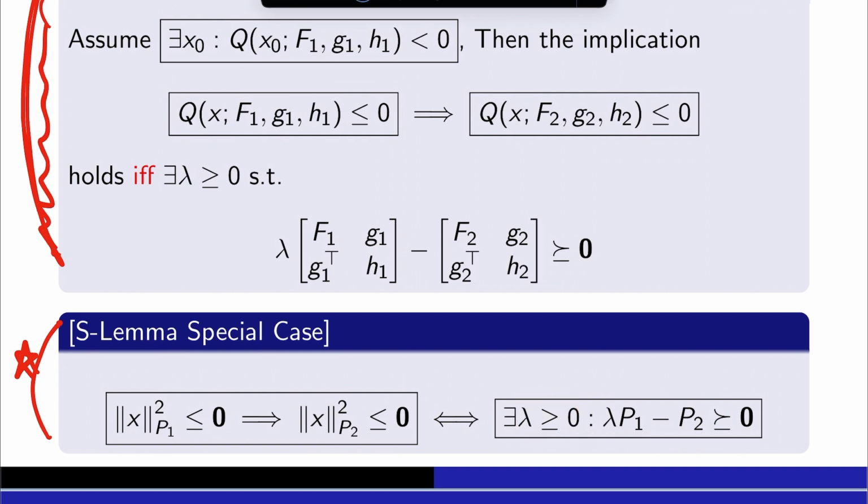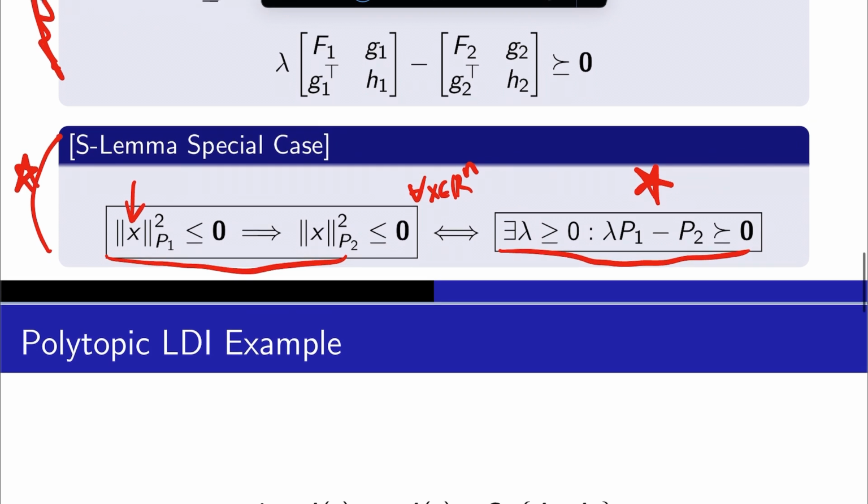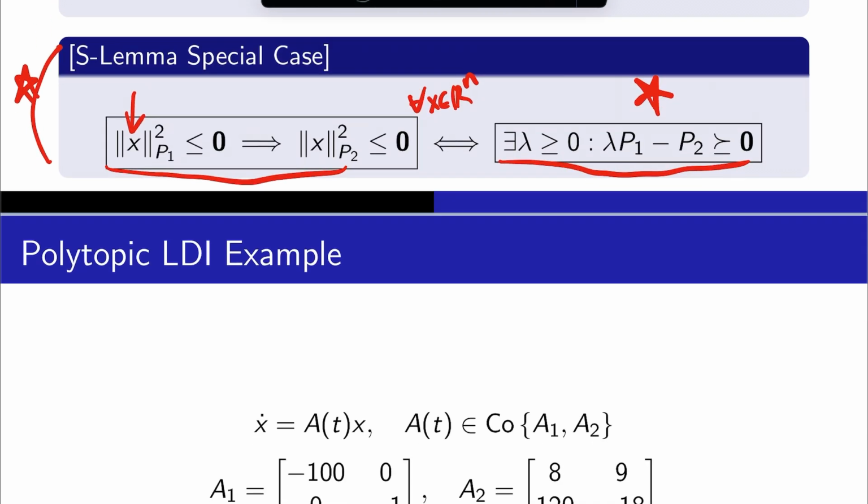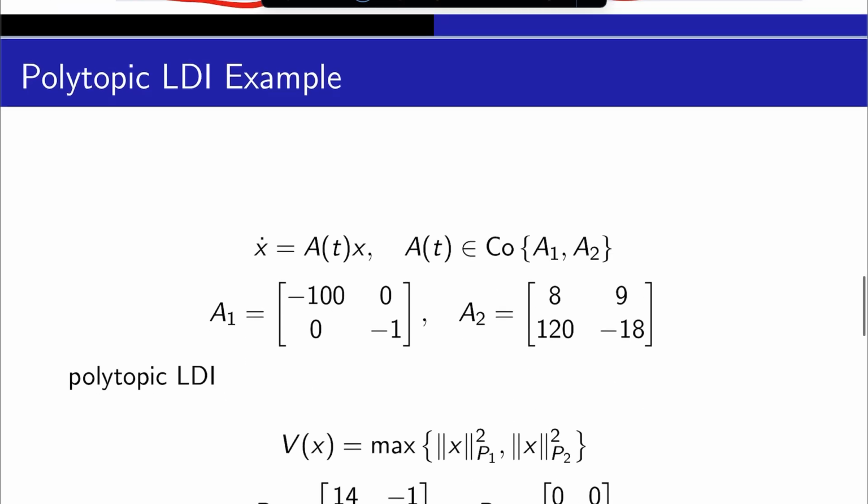And here, by the way, of course, you need to have x in R^n. We are getting rid of x terms, so this is easier. You can imagine, especially if you are dealing with LMIs and you are trying to express the problem as an optimization problem, and then hopefully it's convex too, right?